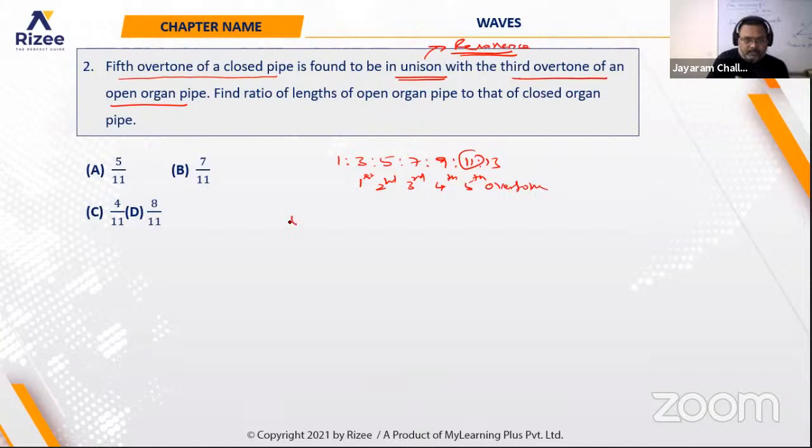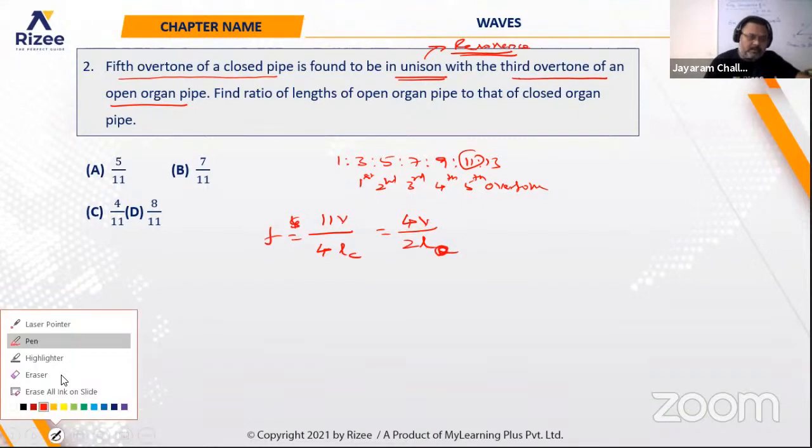That means how much? The formula will be 11V by 4L, since it's a closed pipe. This is in unison, which means this frequency is equal to the frequency of the third overtone of the open pipe. Third overtone means the fourth harmonic frequency, 4V by 2L for an open pipe. Okay, so it's going to be the 2L situation.